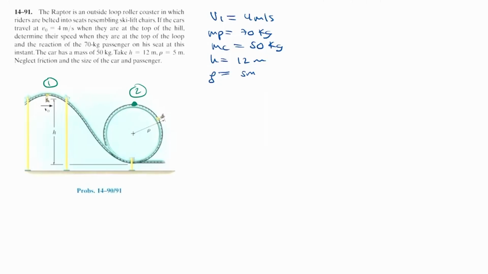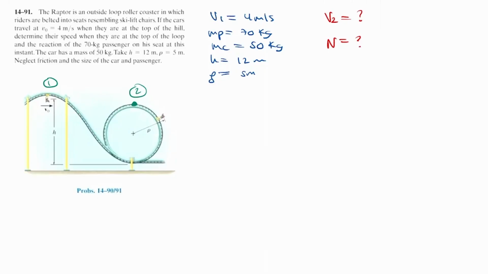So notice there's not that much height difference. It does go down to make the loops, but it should be able to clear the loop. All right, so we have to find what is the velocity at the top of the loop and what is the normal force exerted in this case.